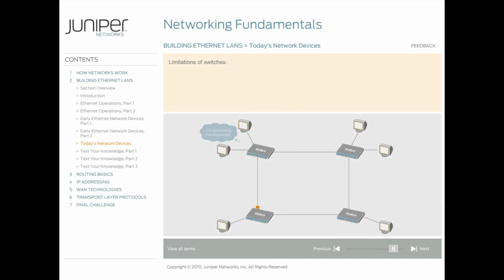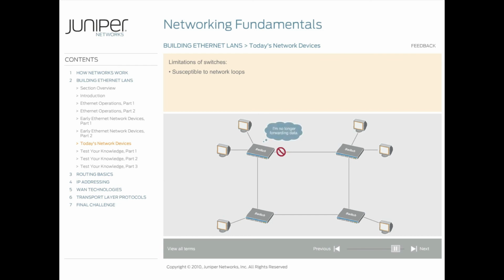Switches do have limitations. Because they forward frames just like bridges, they're susceptible to the same sort of network hazards, such as loops, that bridges are. Both switches and bridges must forward broadcast and multicast frames out every port. If there are loops in the network, broadcast and multicast frames can cripple a network.